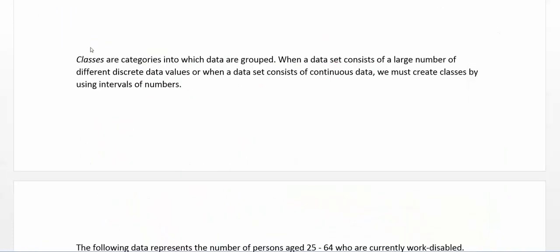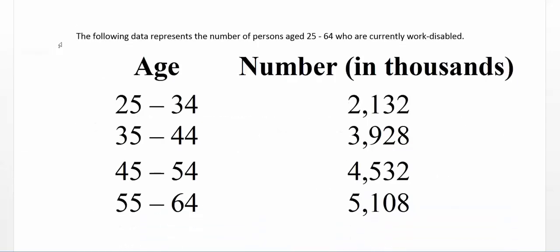Okay, so we're going to talk about classes for a moment, and then we're going to use that to look at more complicated histogram graphs. So when we look at a larger set of data, instead of giving each particular data value its own image in the graph, we instead look at a range of values. Let me show you an example here. Let's say I've got several thousands of individuals, and I'm interested in just general age information.